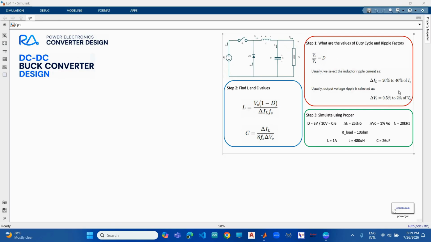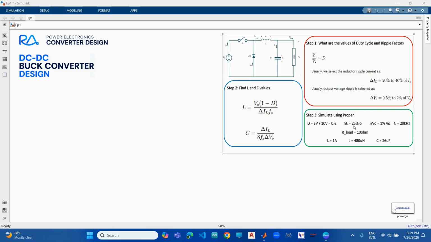So these are the things we have to select for designing purposes, and also we need to select the switching frequency of the switch. Based on these values, we calculate the inductor value and the capacitor value of the buck converter. For our design, we select the output voltage as 6 volts and input voltage as 10 volts, and our duty cycle ratio will be 0.6.